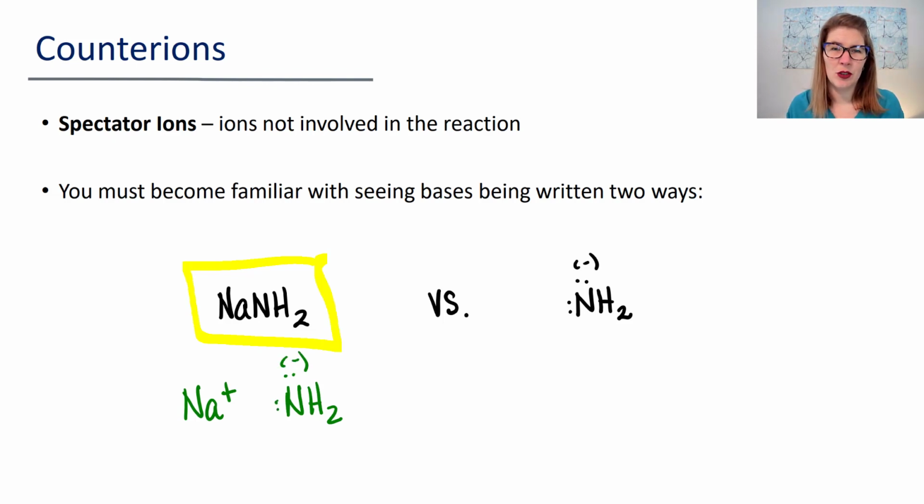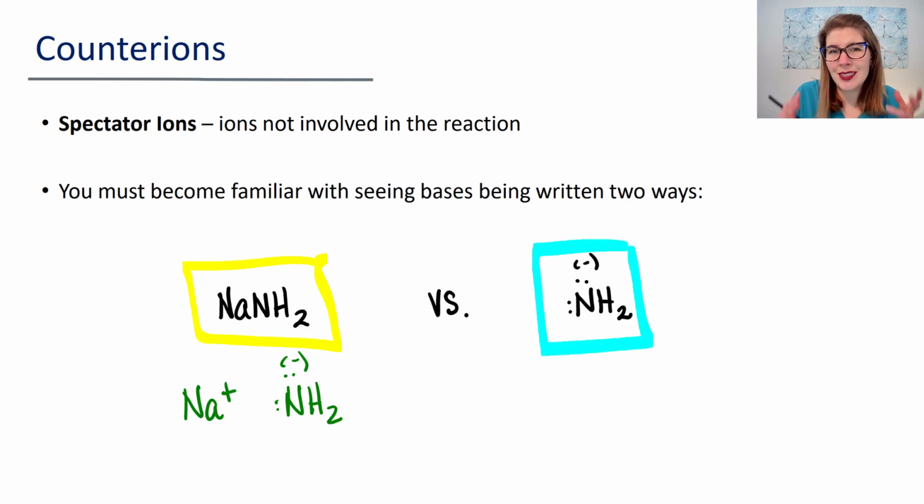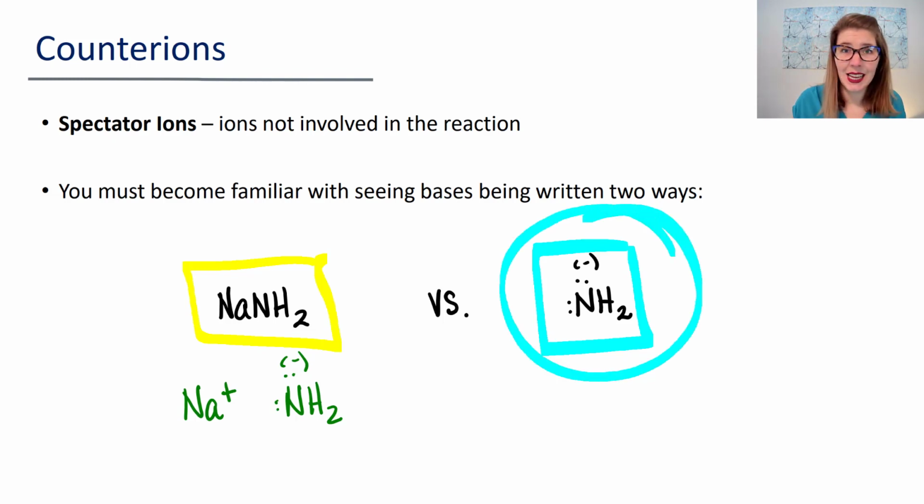Sometimes in organic chemistry, we will also write just NH2 minus, because that makes it easier for you, the student, to recognize that this is a base because it has electrons and it has a negative charge and it's going to abstract a proton. But when you get used to this way, then when we transition or accidentally write NaNH2, you don't know what it is anymore.